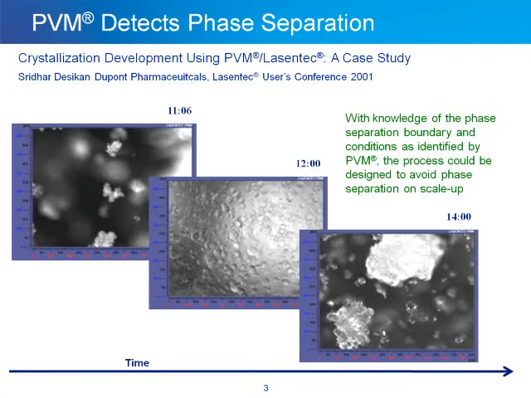In this next example, we look at a crystallization from a previous users conference presented by Sridhar Desikan of DuPont Pharmaceuticals, now Bristol Myers Squibb. You can see in the top graph at 11:06, we see crystals. And these are images in real time from a crystallization without sampling. In the middle graph, there's a phase separation.